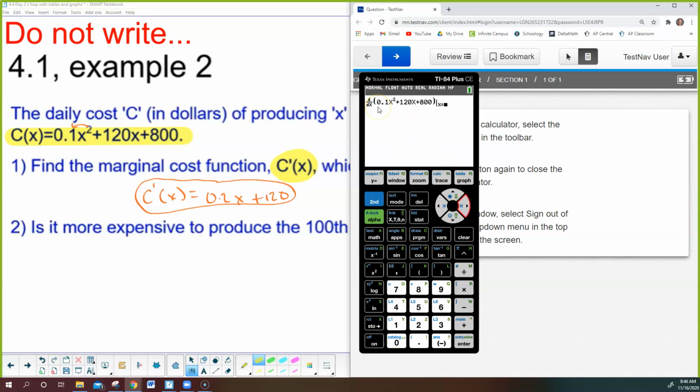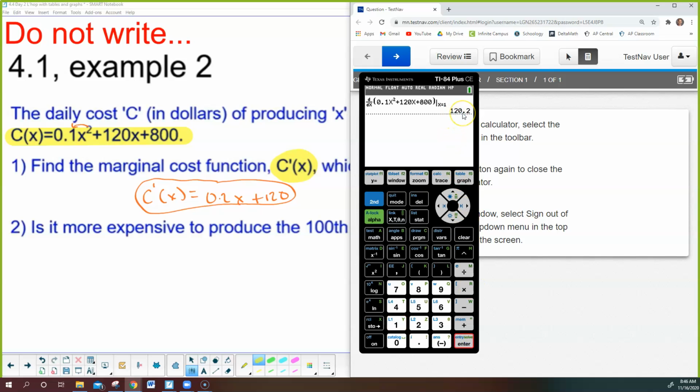What I'm telling the calculator to do is take the derivative of the function that was originally given, and that'll give me what C prime is. But now I want to find the cost at 1 unit. So that's where X is 1. And then just hit enter.